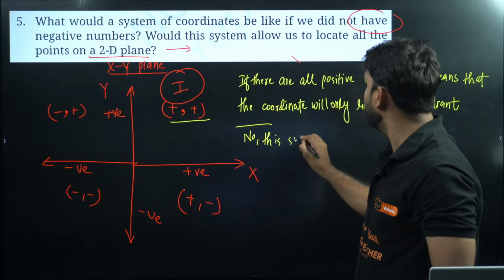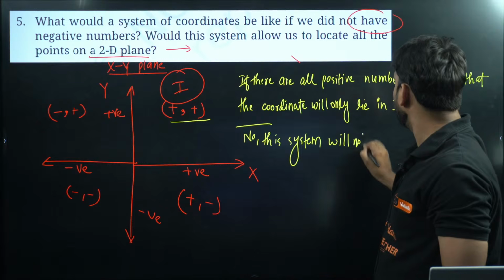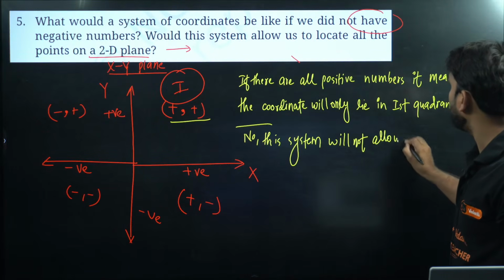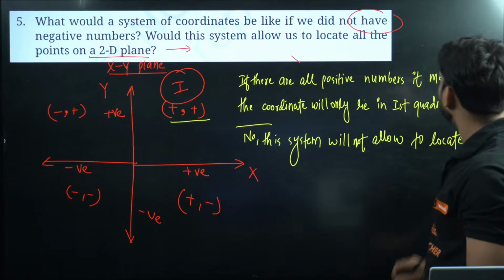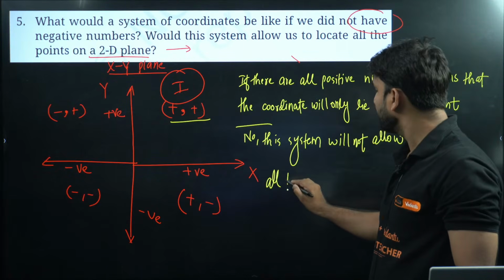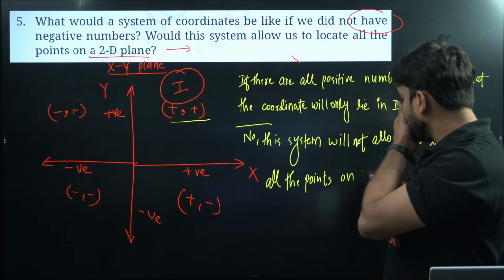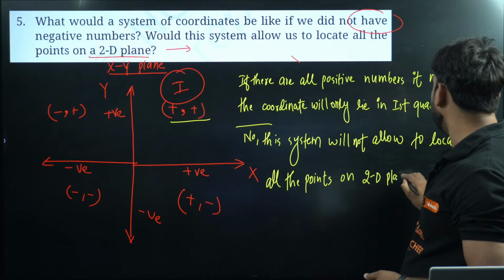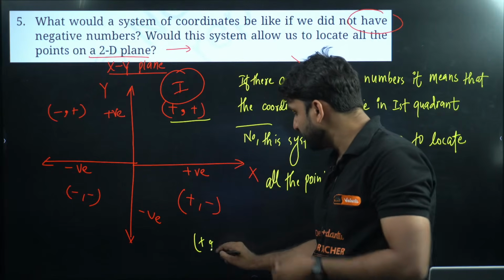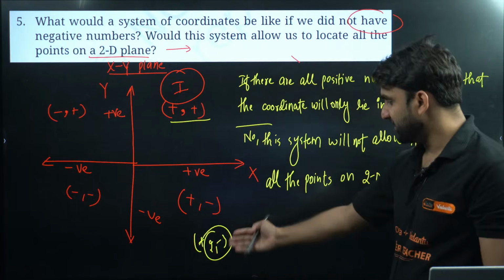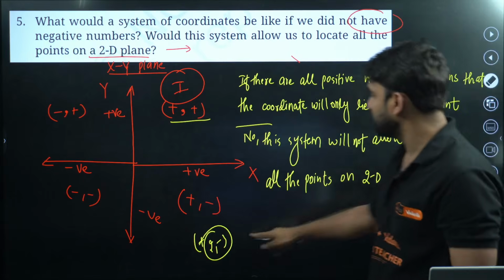This system will not allow to locate all the points on 2D plane. How will we be locating this point? Plus 2 comma minus 3, we cannot, but this is the part of location, so we cannot orient this position, so this is not possible.